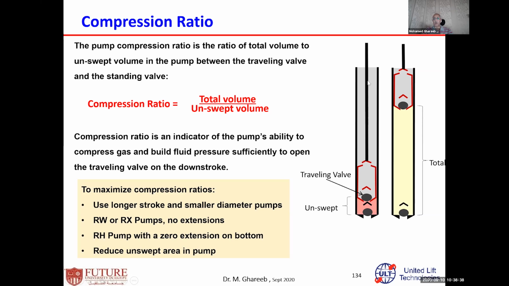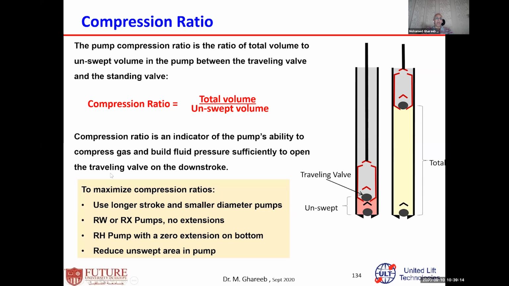When I close it at the end, there is a volume left here. Some people space the pump in a very bad condition. While we are closing the pump on the downstroke, the traveling valve stops here. The area here is what we call the swept area. The total swept volume over the non-swept area, the area that is not compressed, is what we call the compression ratio.